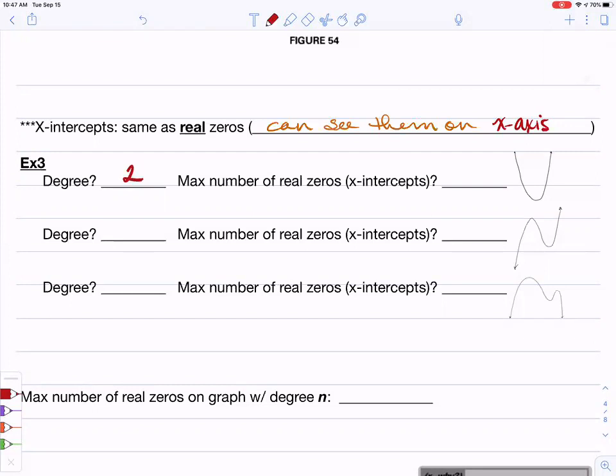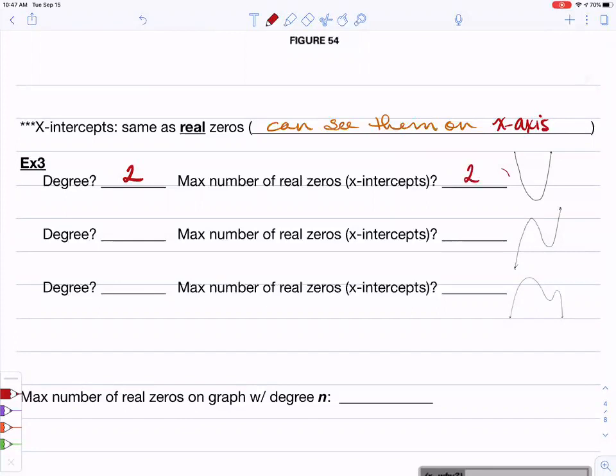I might have 2 if my x-axis goes like this, right? And that is going to be my maximum number. But what else? Where would it have to be if it was 1? Yeah, right going through the minimum point. And then what else could I have? None where it's way below. All right, but my maximum number of x-intercepts is 2.